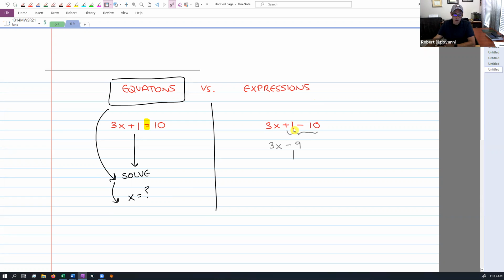Because if I take 1 and subtract 10, I get negative 9. And that would be it. That's my answer. All we're doing here is rewriting it in a cleaner form. When I say cleaner, I mean simplified, okay?